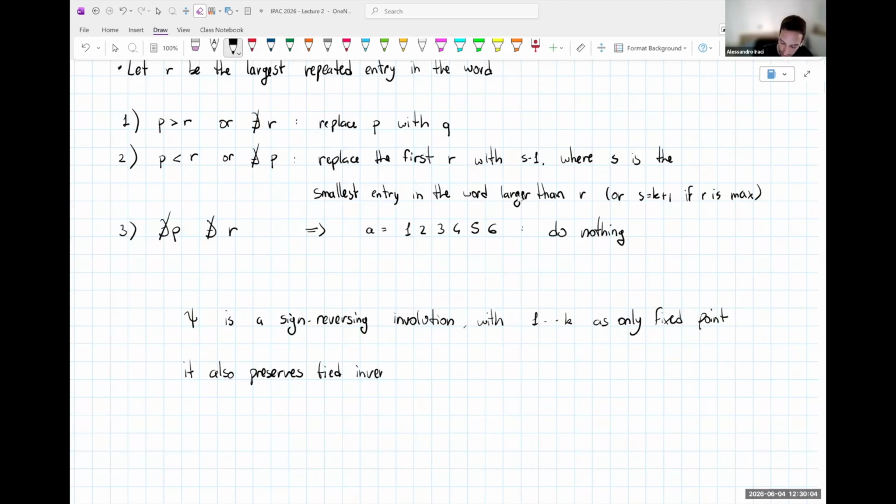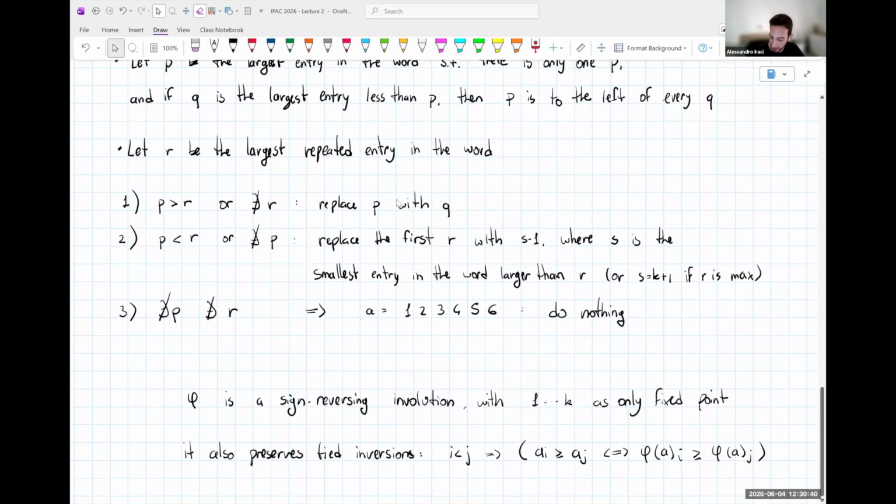What do I mean? I mean that if i is less than j and AI is greater or equal than AJ, then this implies that phi AI is greater or equal than phi AJ.